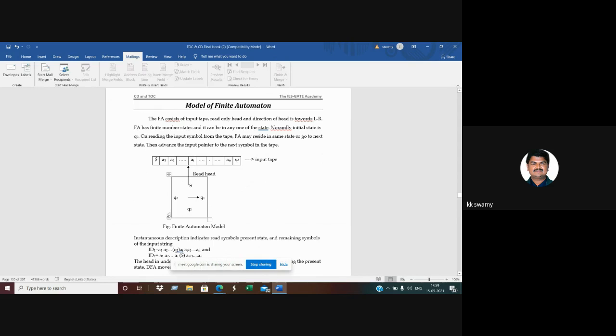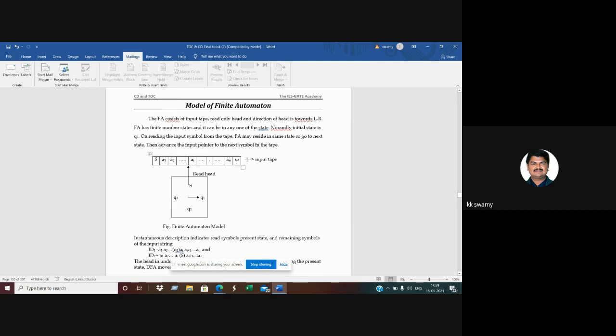The next one is the input tape or input buffer. Every string ends with the dollar sign. Next we have the input read head. With the help of the read head, we can read the symbols from the input buffer. Then we have some states. What is the concept here?